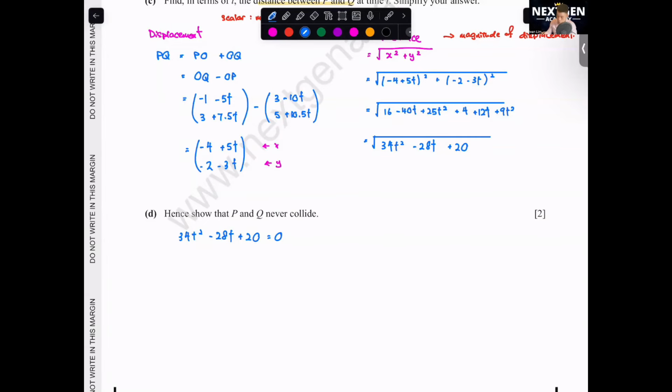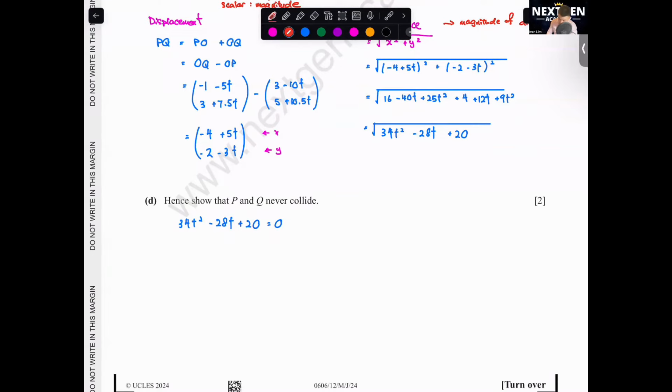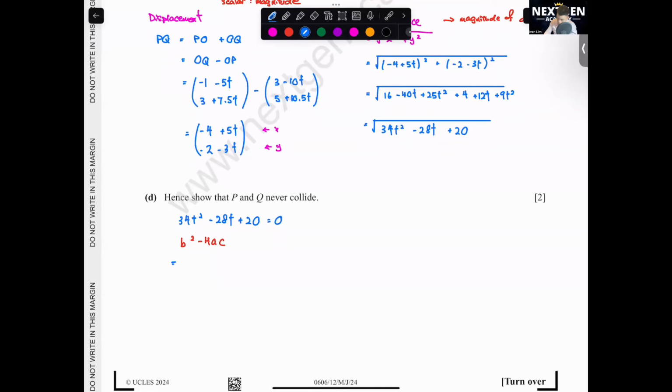All right, so I'm going to prove with b squared minus 4ac that there's no solution. For collision, we need a solution to this 34t squared minus 28t plus 20.